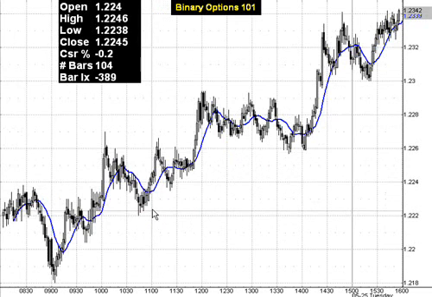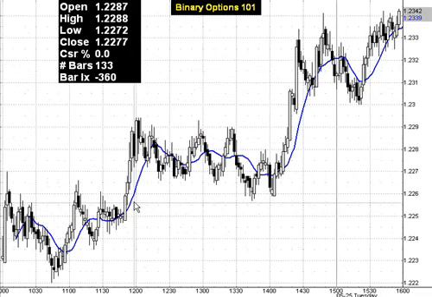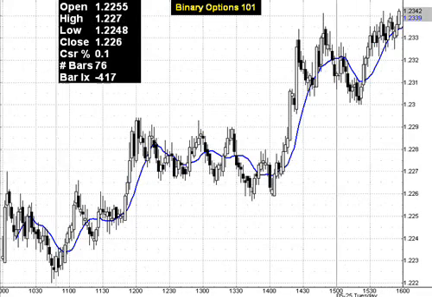And when you look at these charts, we do not expire on the grid line, we expire the bar that closes before the grid line, just so you understand.